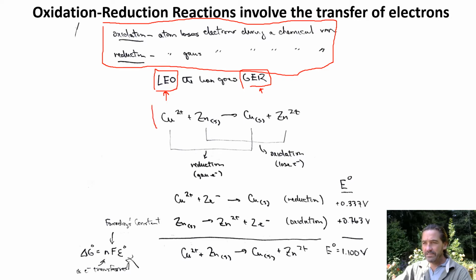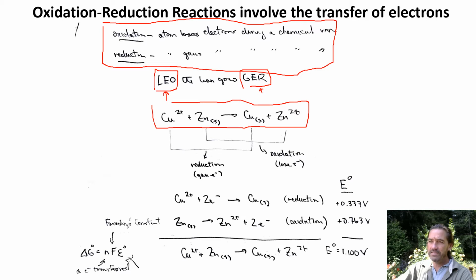So let's take a simple reaction. This is actually a spontaneous reaction where if you put a piece of zinc metal in a solution of copper 2 plus, you have water, but you have copper ion in solution, the zinc would spontaneously oxidize, because we see here that the zinc goes from metal, which has a charge of 0, to a charge of 2 plus.